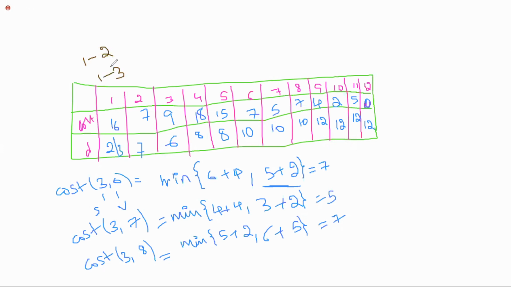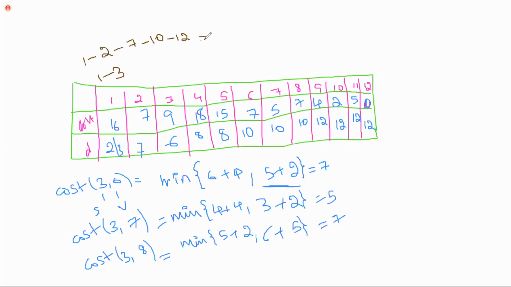First, I'm moving towards 2. Let's see what will happen. From 2, where can you reach? 7. From 7, where can you reach? 10. From 10, where can you reach? 12. So from 1 to 12, we have reached.